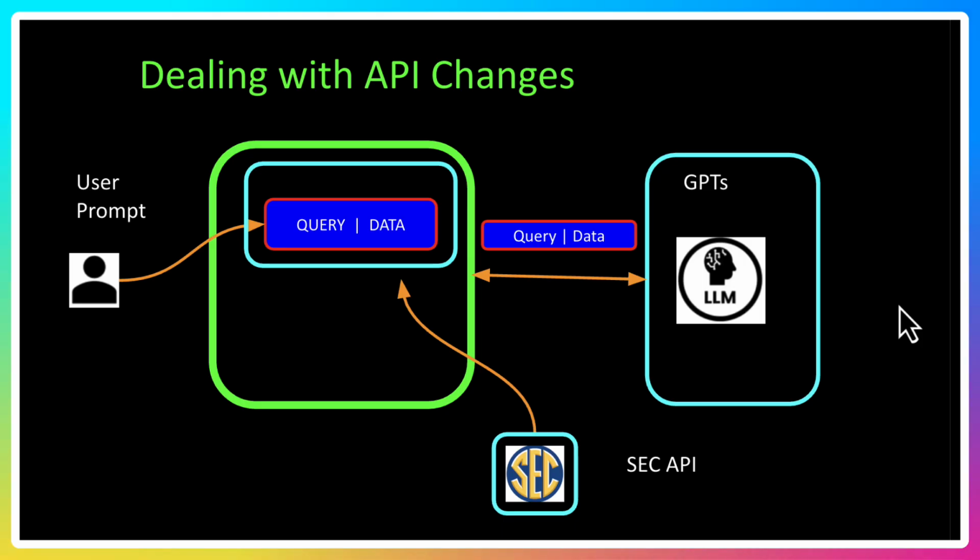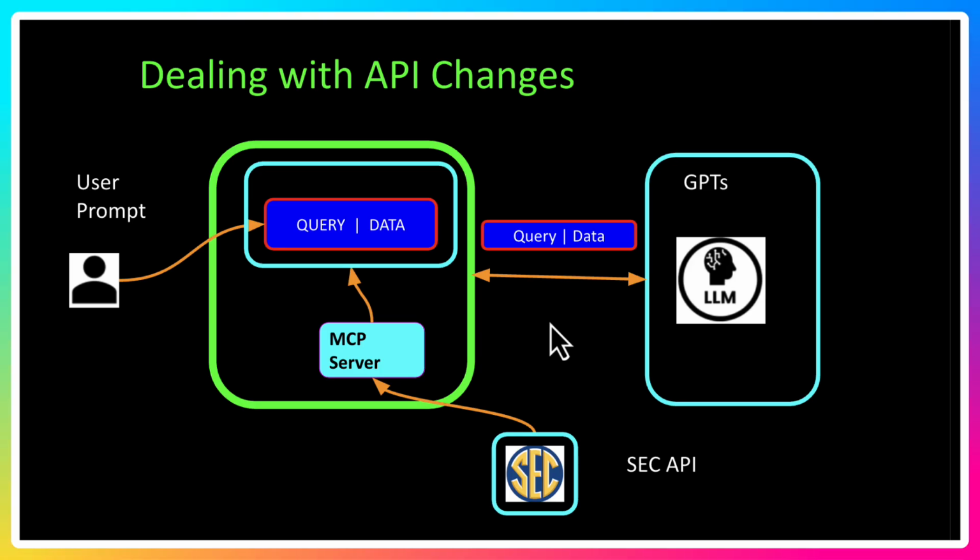So the data may actually come from outside. Here I'm showing an SEC server that has an API and that we can extract data from, for example, about company events. Perhaps Microsoft has developed a new product, etc. And we can pull that data into our context window and get the results of the query.